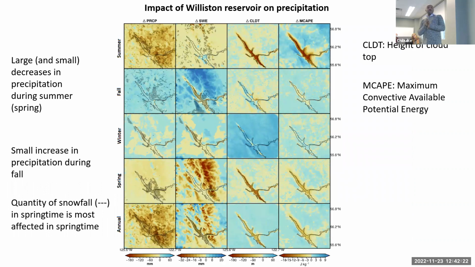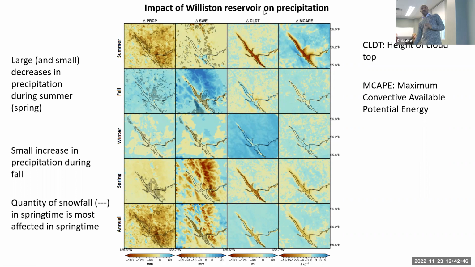Then on temperature and precipitation, we have the information that there's a decrease in the summer precipitation, a general decrease. And like I said before, the summer season is the main precipitation season in the area.